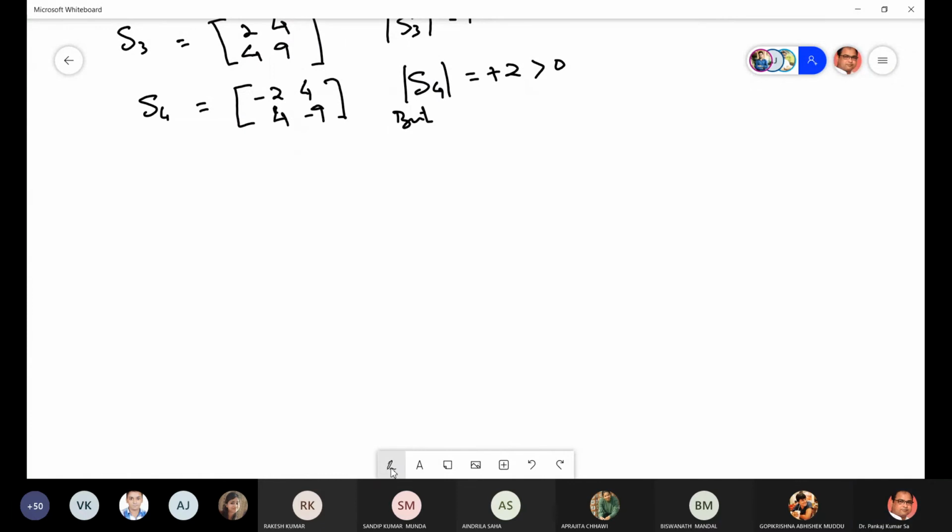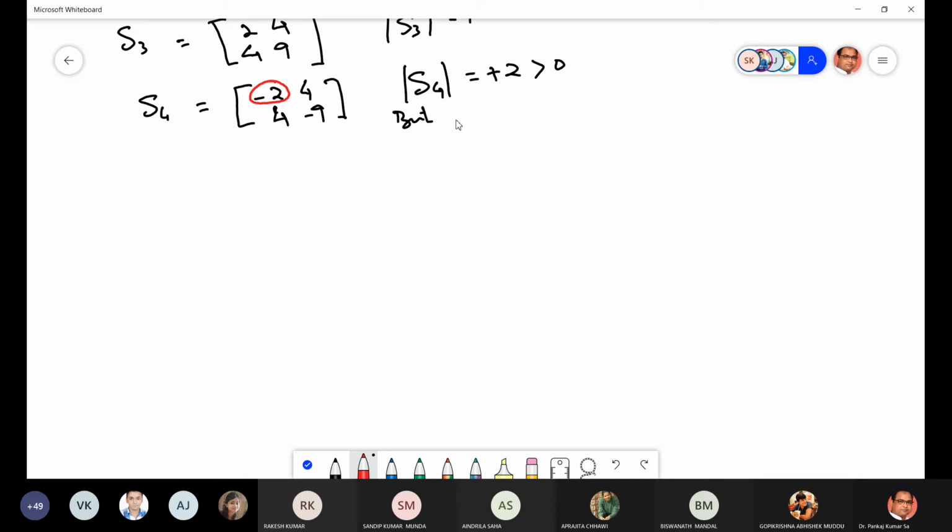So the determinant of this is negative. That's a 1 cross 1, but it has to be positive.